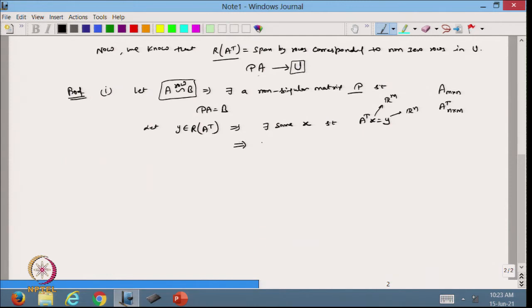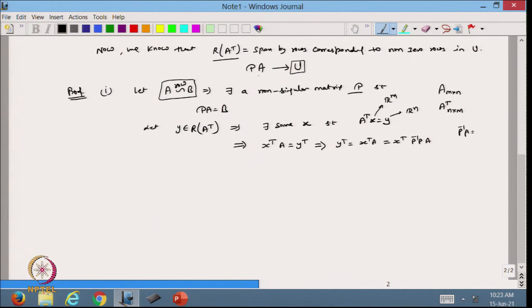So, from here I just take the transpose. I can write x transpose A is equal to y transpose. And now from here I can write that y transpose is equal to x transpose A, and instead of A I can write P inverse P A, because P is a non-singular matrix.